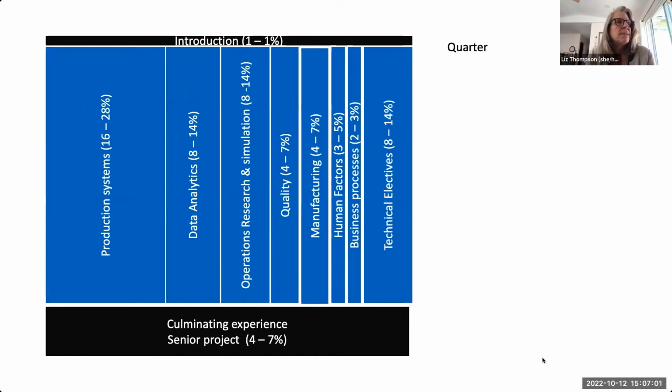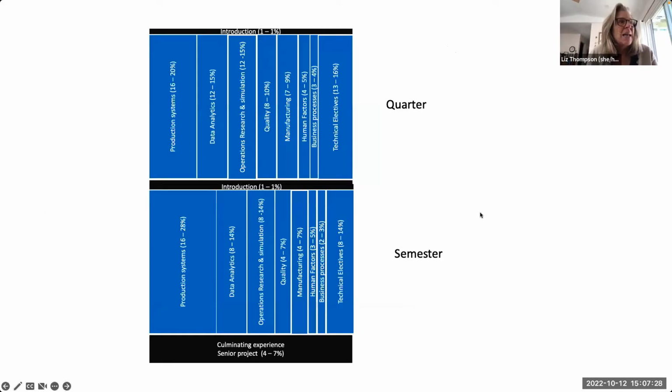And then this is where we are right now in the semester conversion. If you look at the various buckets, we increased production systems a bit in percentage, and everything else decreased just slightly. It might be easier to show side by side.